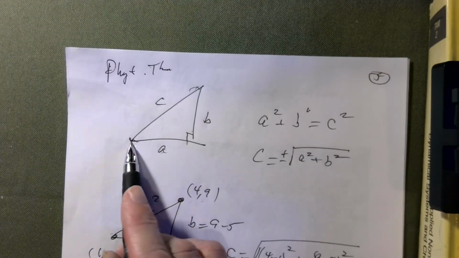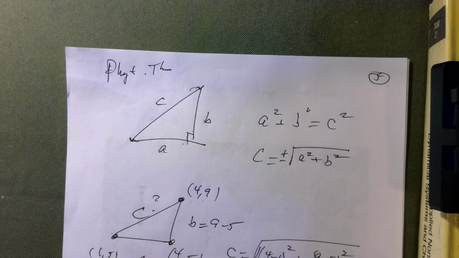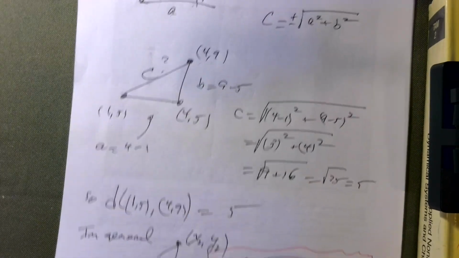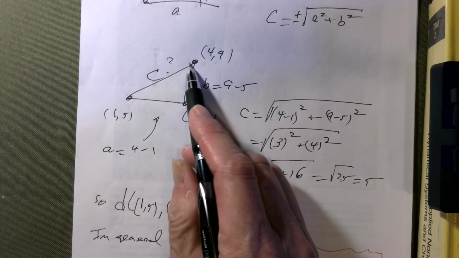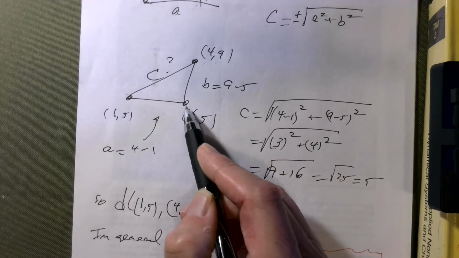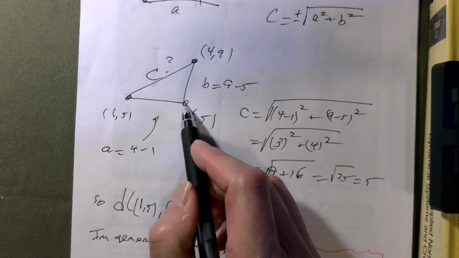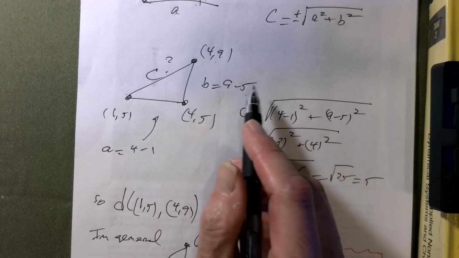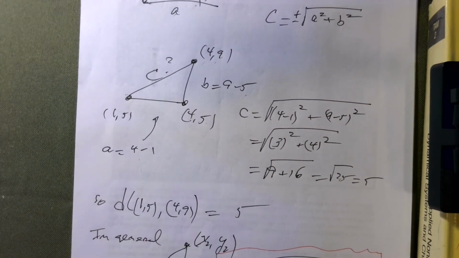We have to know the distance here and the distance here, square them, add them up. So that's what we do. We take the distance between these two. So remember, this point is directly above here. So we take 9 minus 5. This is directly to the right of this one. So we take 4 minus 1, which is 3.